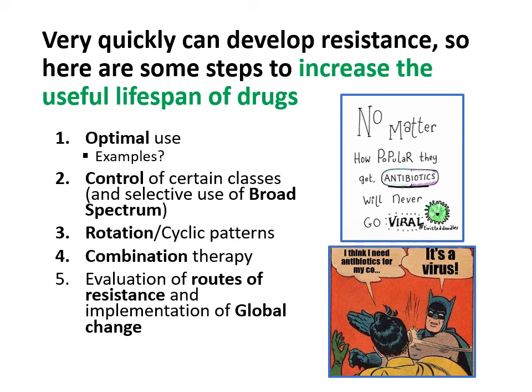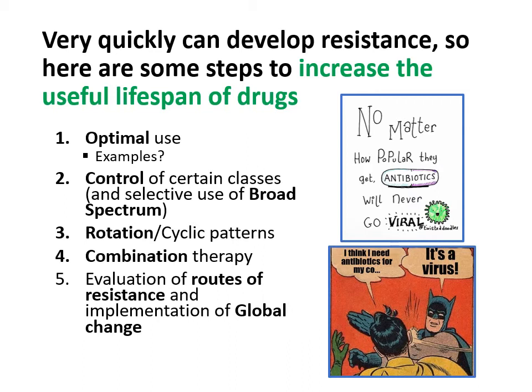Now, the next one here calls back to information we mentioned a few slides back. In order to increase the useful lifespan of antibiotics, one thing we can do is control the use of certain classes of drugs. Okay, so controlling certain classes, such as having the selective use of broad-spectrum antibiotics, that's valuable because with the broad-spectrum antibiotics, if you think about it, what are they doing?